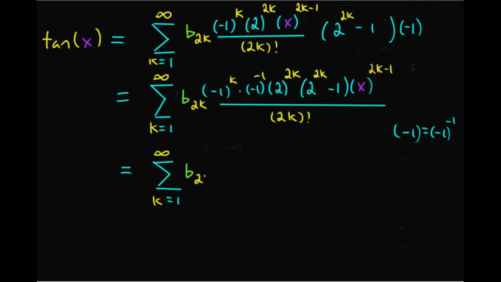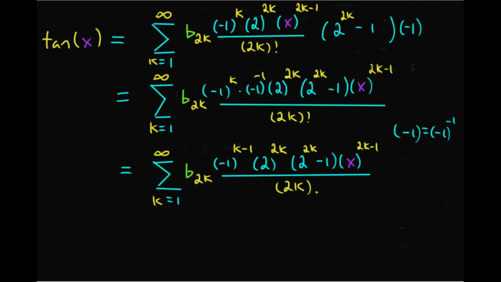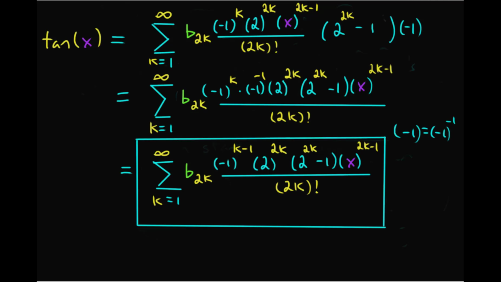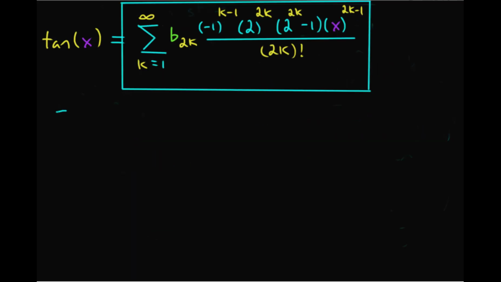So my sum will then be, from k equals 1 to infinity, b sub 2k times negative 1 to the k minus 1 times 2 to the 2k times the quantity 2 to the 2k minus 1, times x to the 2k minus 1 all over 2k factorial. And that is the final form for the Taylor series for tangent of x.